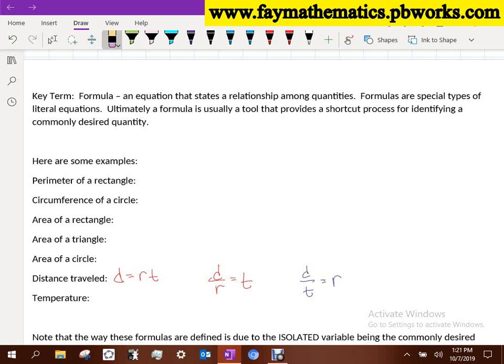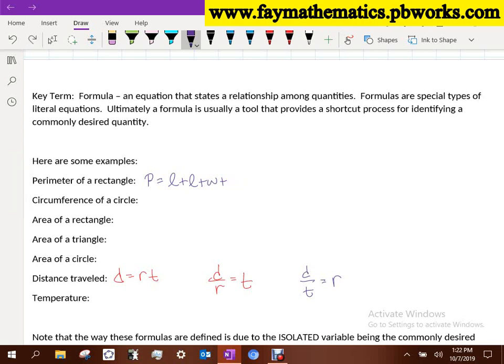Okay? If I go up to the perimeter of a rectangle, you guys know what the perimeter of a rectangle is? No? We add all the sides. So you would have perimeter is a length plus a length plus a width plus a width, right? What's a better way of writing it? How many L's do you have? Careful. Are you multiplying L's or are you adding L's?